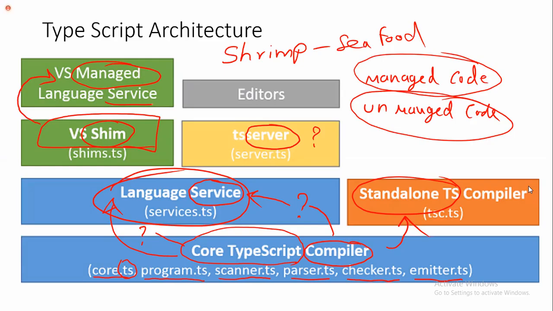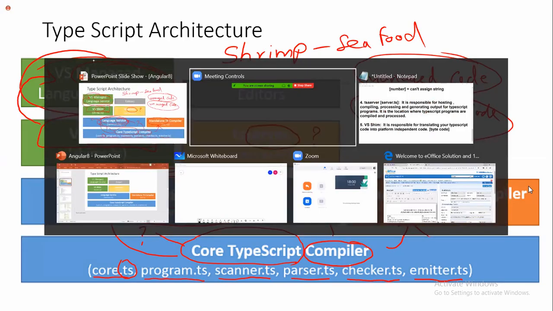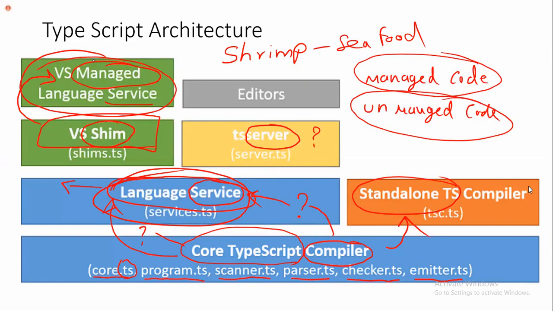Now, what is the difference between the language service and the managed language service? The language service is only for TypeScript, and the managed language service is for both TypeScript and JavaScript.